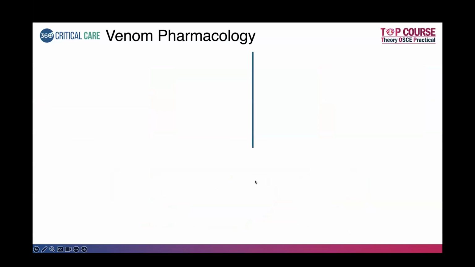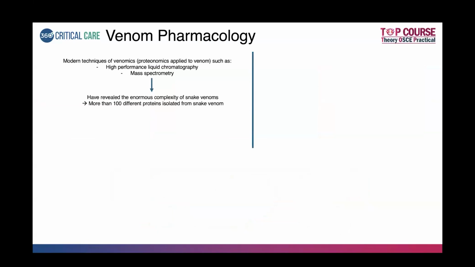Coming to the venom pharmacology, modern techniques of venomics, that is basically proteomics applied to venom, such as high performance liquid chromatography and mass spectrometry, have revealed the enormous complexity of snake venoms. More than 100 different proteins have been isolated from snake venom.